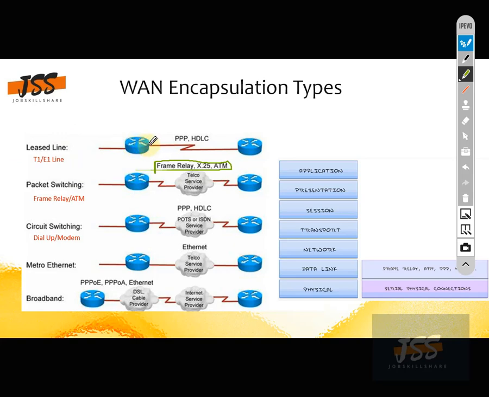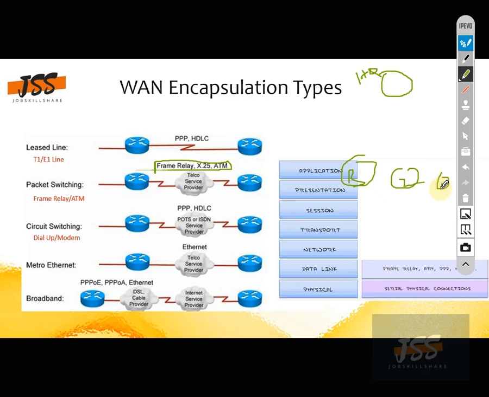In a leased line, as you can see, we have a point-to-point connection, only two links. But what if we have one headquarters which needs to connect with multiple branches, branch 1, branch 2, branch 3?